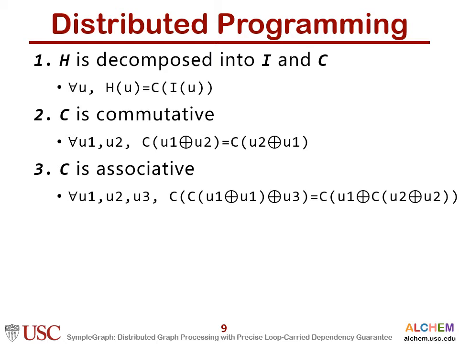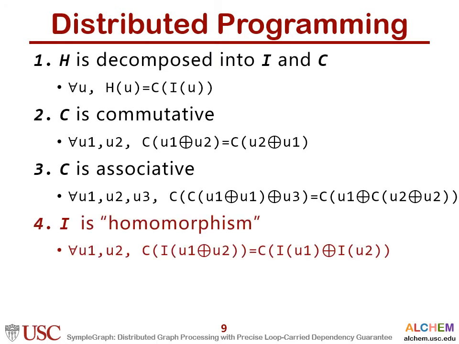The first one is that h is decomposed into I and c. This is to make sure that the output is correct after you transform h into two functions. The second and third properties are that c must be associative and commutative. This is so that we can combine the messages in any order.